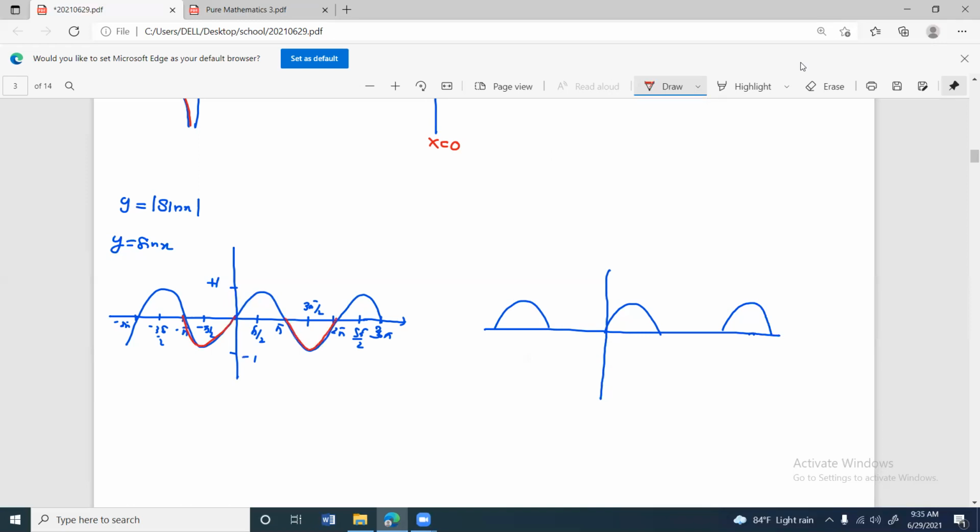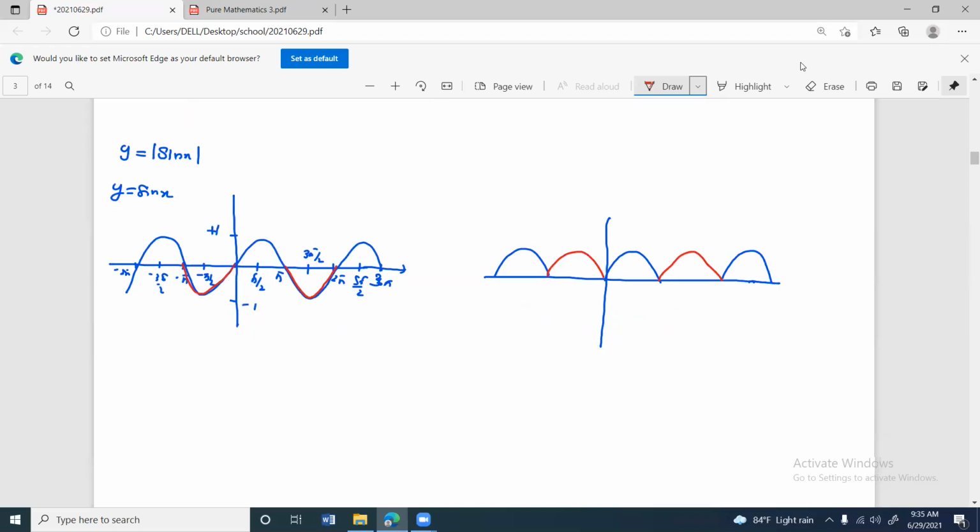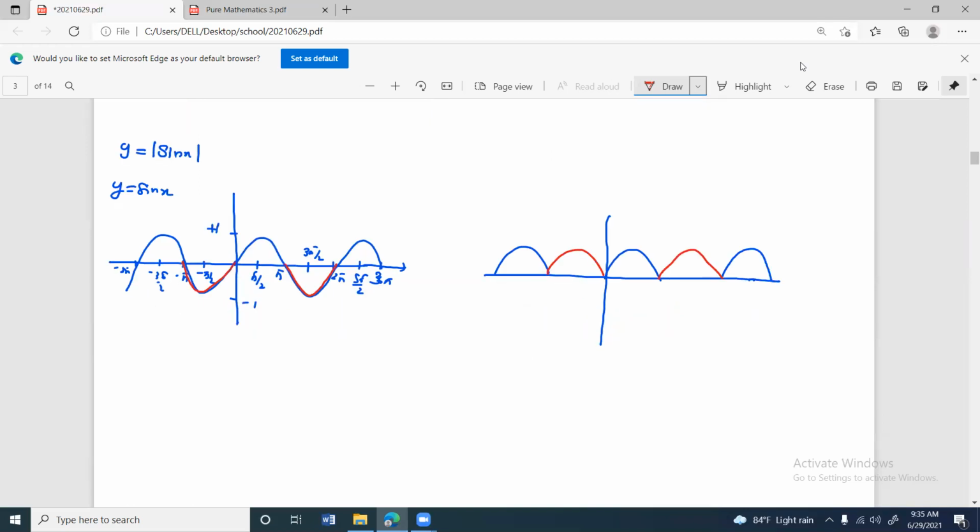What happened to them? They will just turn in this way. That's a way of understanding this type of graph. Right, okay. So that is the basic idea of drawing modulus graphs, this is the modulus part of it, y equals to modulus of sine x, right, okay.